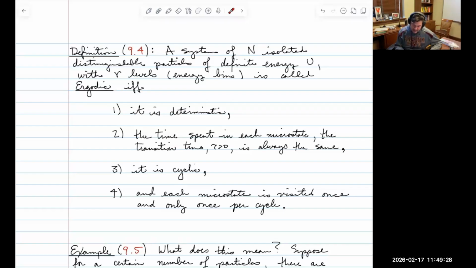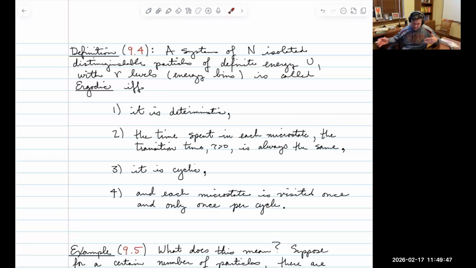The time spent in each microstate, which gives the name the transition time, is always going to be exactly the same, and it's going to be some fixed small number, tau. Now, in the classical Newtonian world, this isn't how things work.